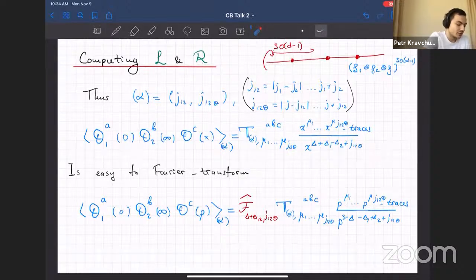And the claim is that any function which is invariant under SO(d) and dilatations will have this form, with this factor, because that's the only thing that you can write in terms of x.